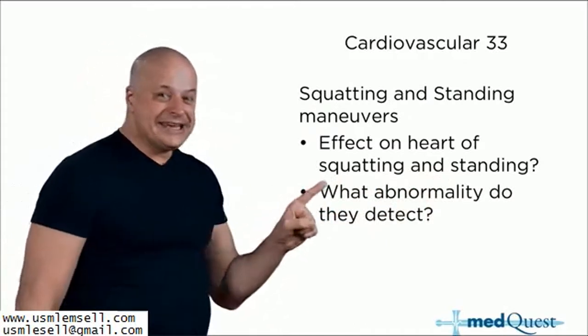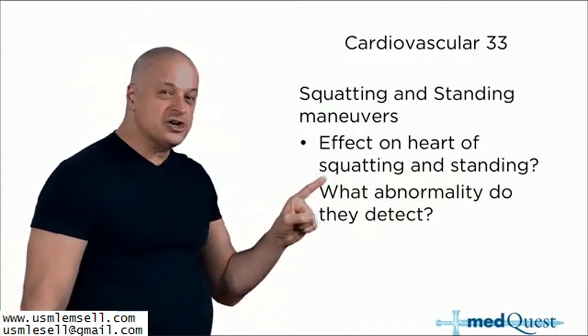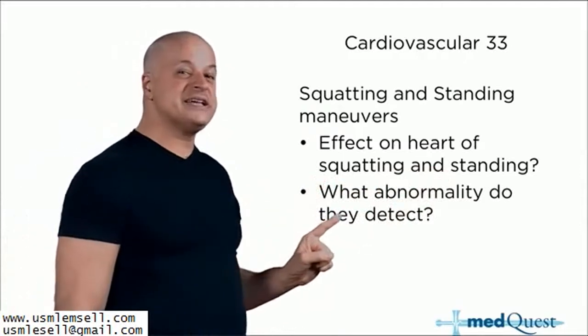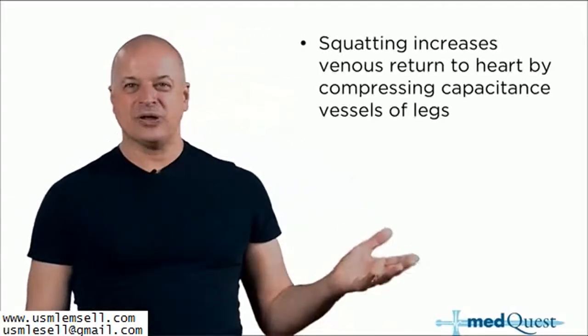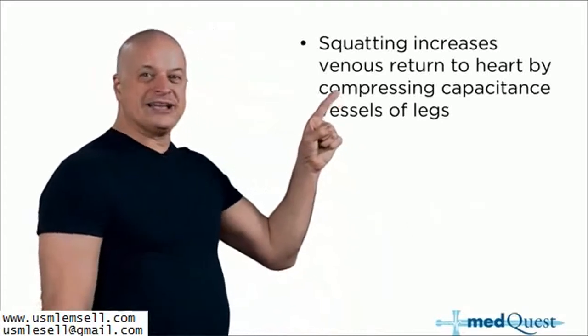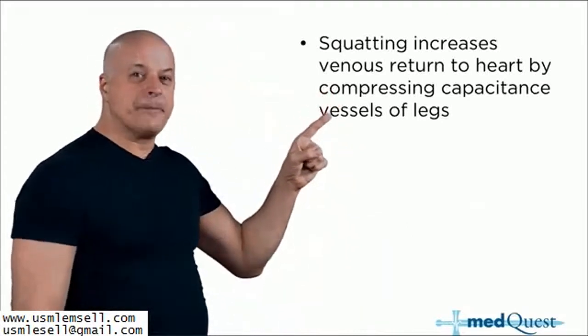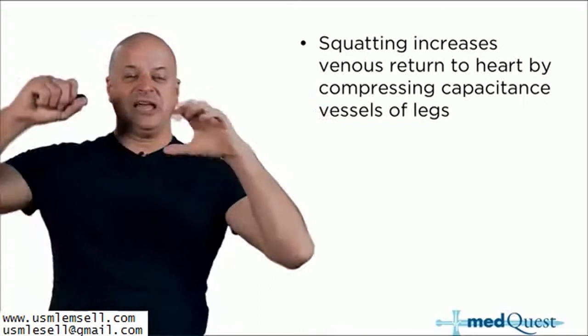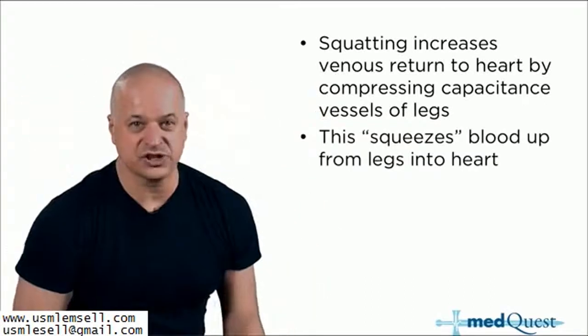And anything that increases venous return to the heart will make all left-sided lesions louder, except for hypertrophic obstructive cardiomyopathy and mitral valve prolapse. Because squatting increases the venous return as you compress those capacitance vessels of the legs and pour blood into the heart.